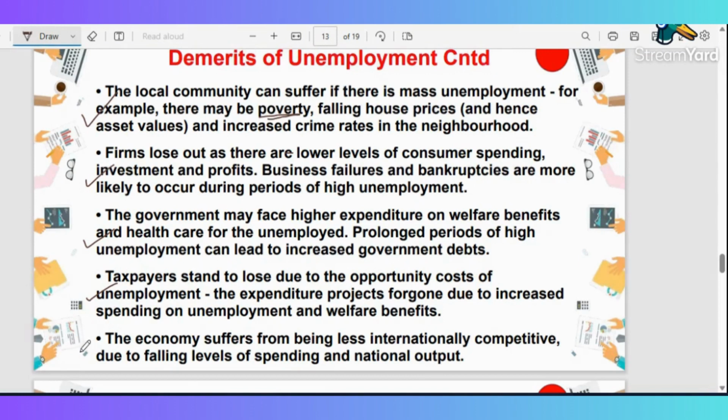The economy also suffers from being less internationally competitive due to the falling levels of spending and national output. Because when we look at unemployment, remember that when you're employed, the laborers receive income. And what happens when there is no income?